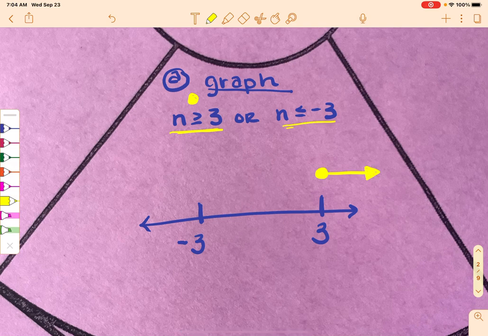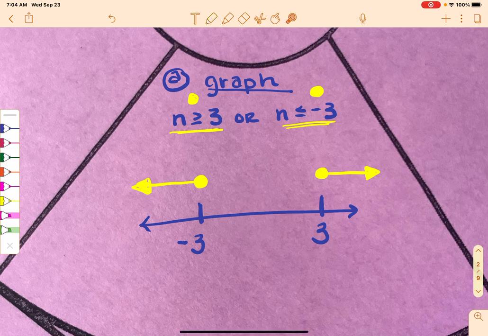Okay, now I'm going to look at this one. This is also going to be a closed or filled-in circle. Because the letter comes first, my line's going to go this way. So filled-in circle, and it's going to go that way.